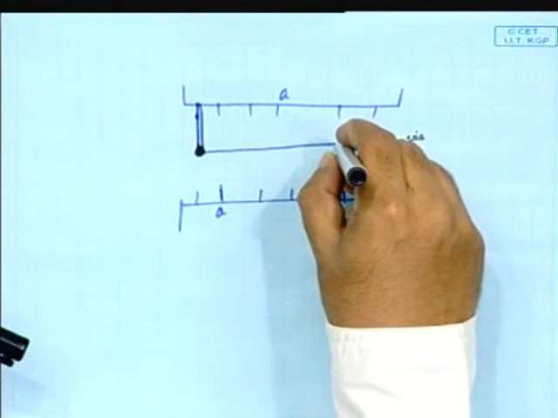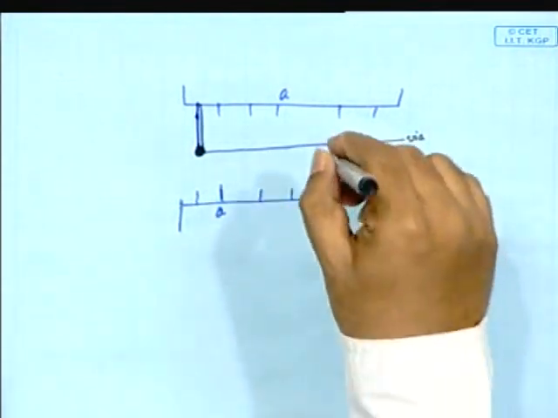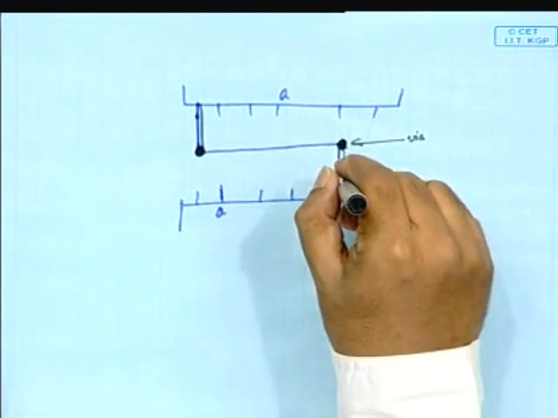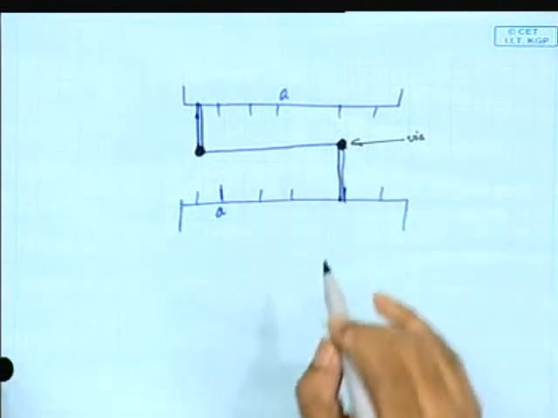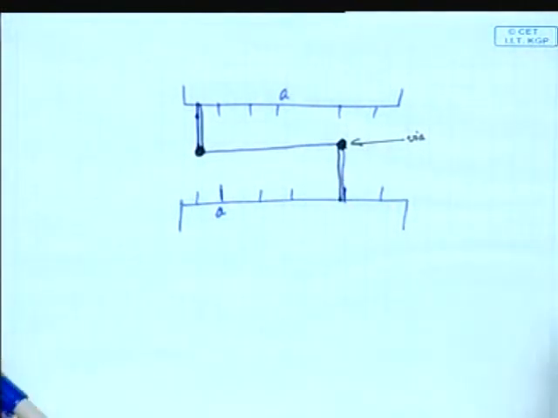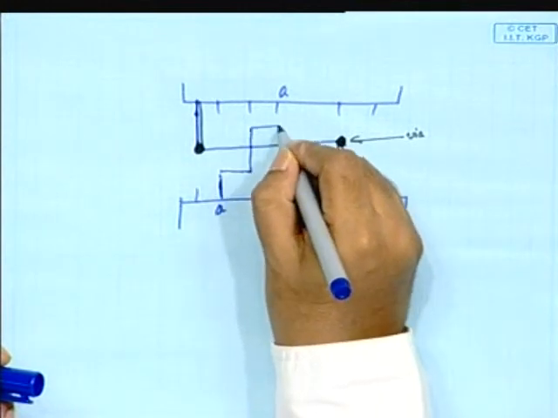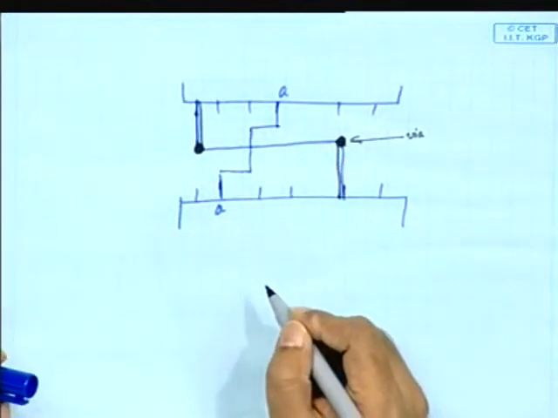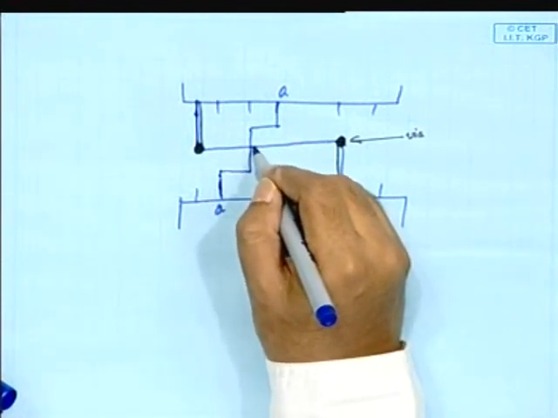So do you get what I say? These two are in two different planes, and there is a connection which goes from here to the other through a hole here. Okay, so that's a via. Now if you choose that, then you can do this. Why? There is no problem here because this and this are not actually intersecting.